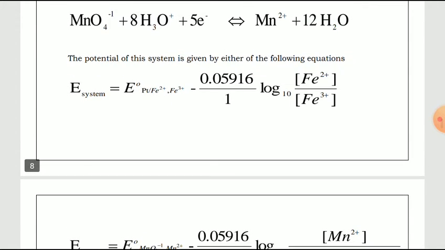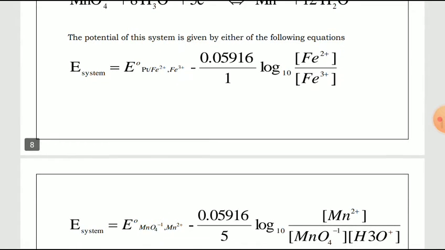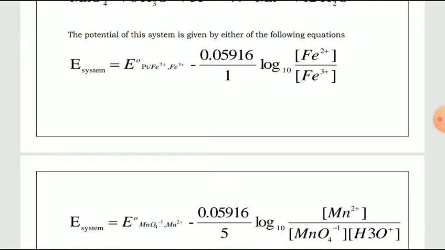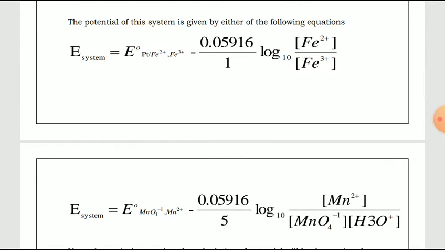Because in the second half cell reaction, 5 electrons are involved, that's why they have taken divided by 5, log to the base 10 of concentration of Mn2 plus upon concentration of MnO4 minus into H3O plus.